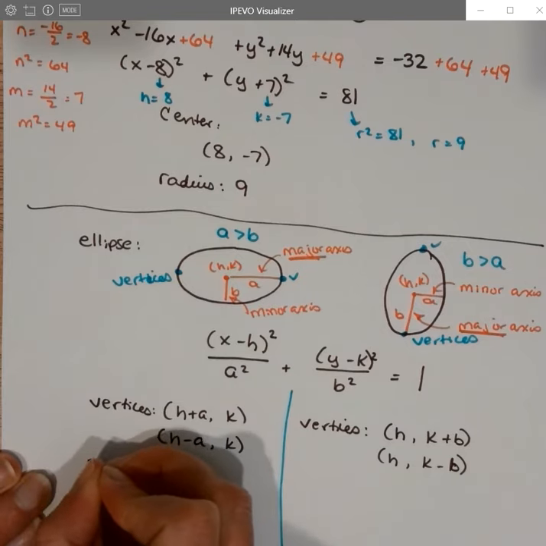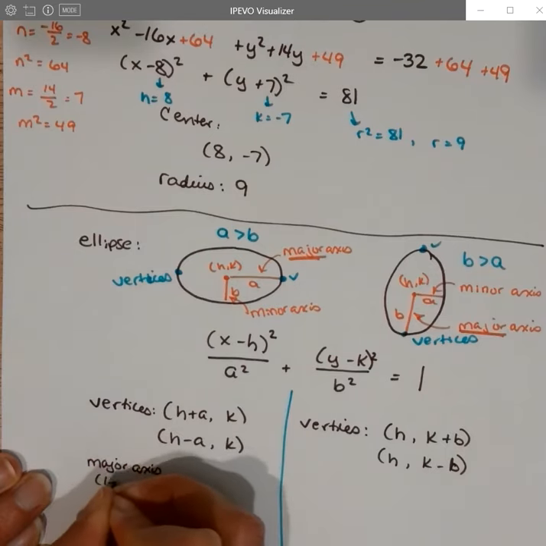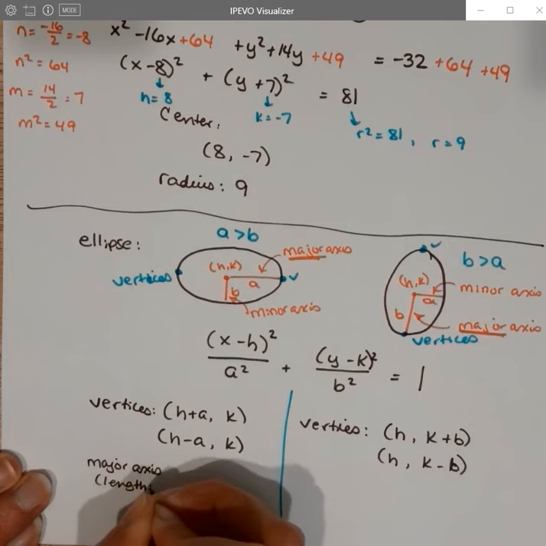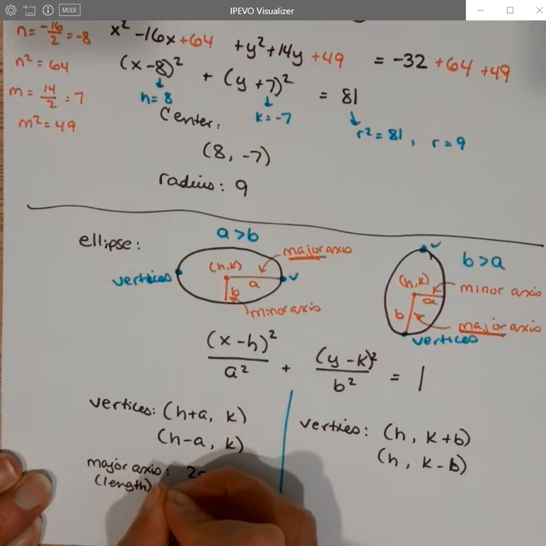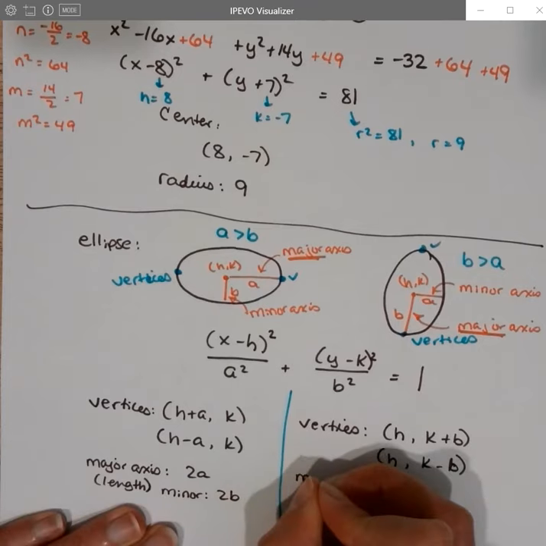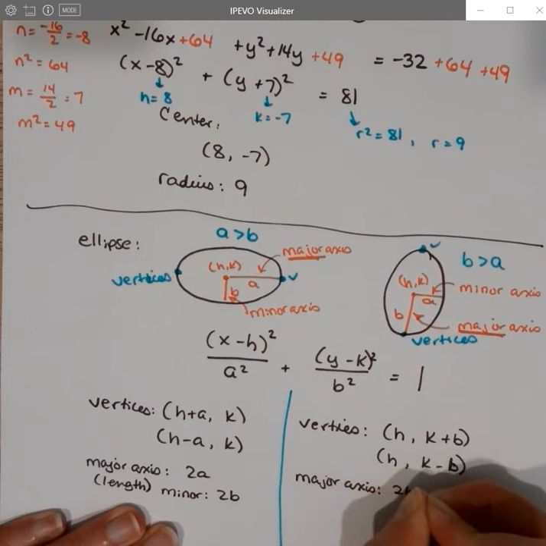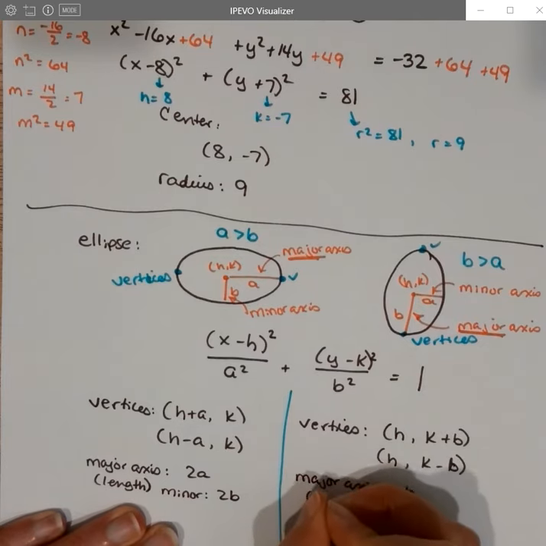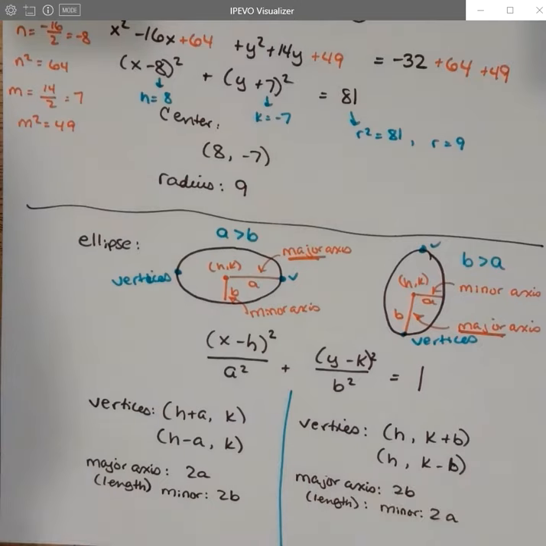Okay, so the major axis length is 2a, and the minor axis is 2b, and then over here again the major axis length is 2b because b is major over here, that's its length, and your minor is 2a because that's your minor if you're vertically oriented.